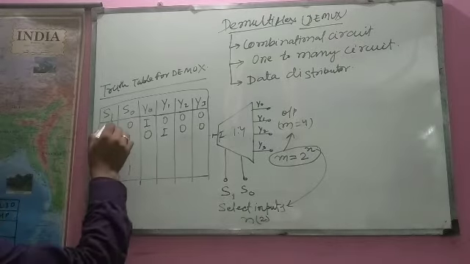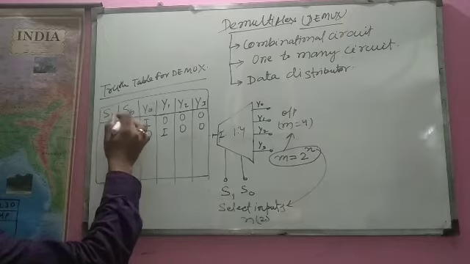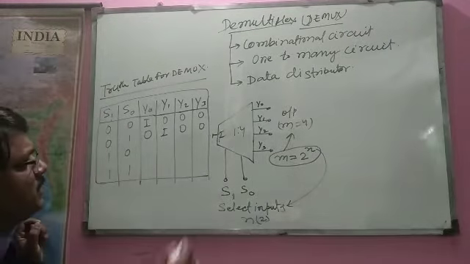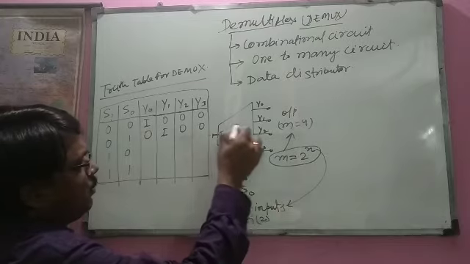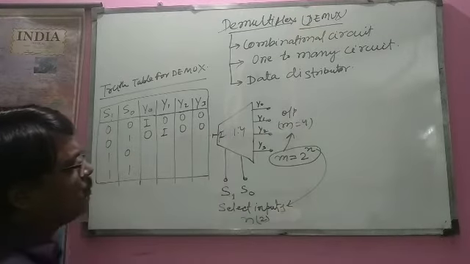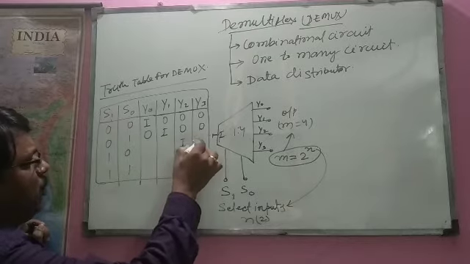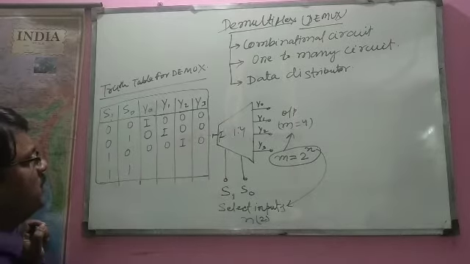When S1 and S0 are 1 and 0, Y2 will be equal to I and all others will be 0.